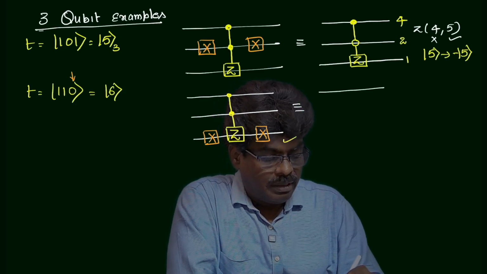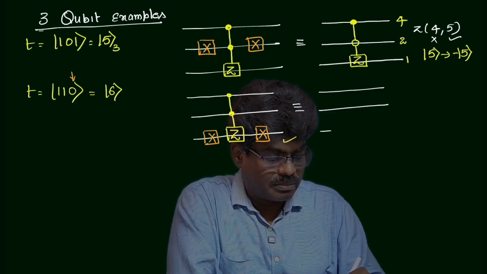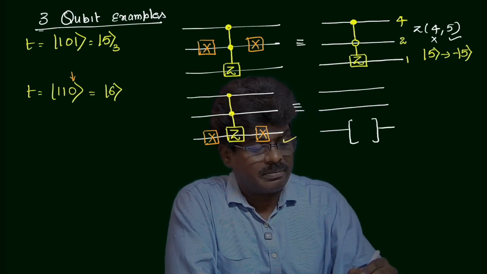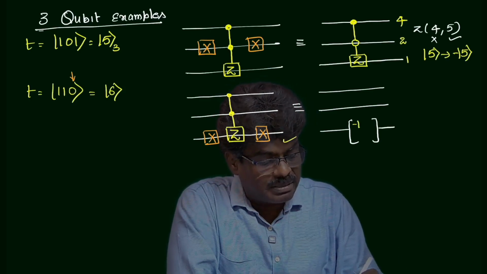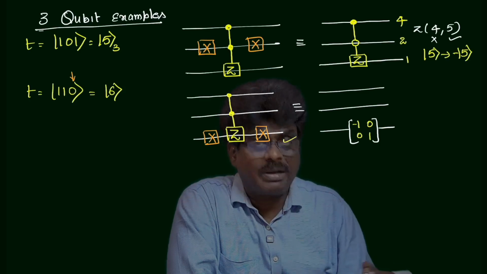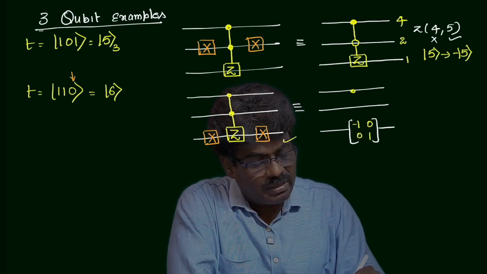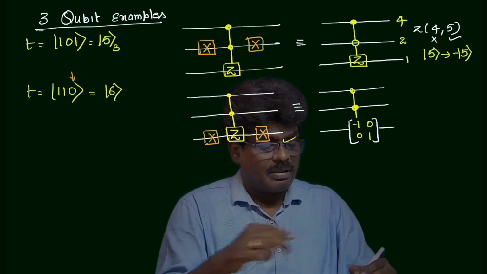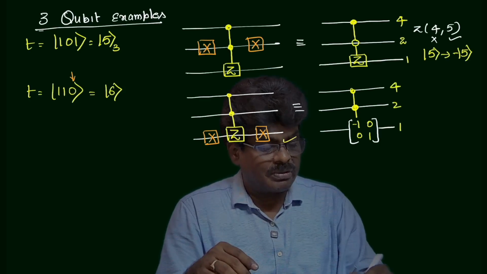Here we have two controls. Since it is X Z X, the unitary operator can be written as minus 1, 0, 0, 1. So this is the control and this is also control. So this is 1, 2, 4.